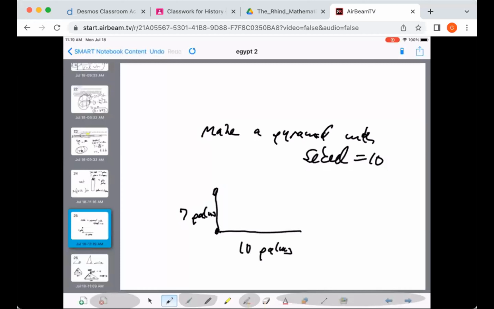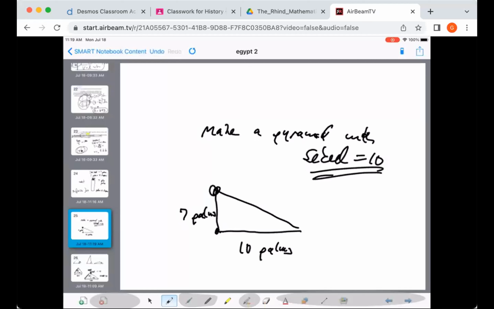And it tells you, if I want to make a seked of 10, my pyramid would have these dimensions, 7 by 10. So I could actually use this for a practical purpose to build a pyramid.